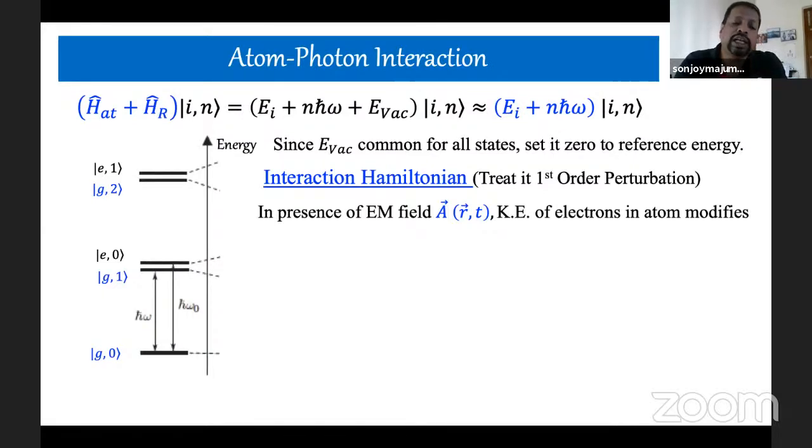In terms of wavelength, the atom will see it as reddened, meaning broadened. So this is called red detuned light, where the frequency of the light is less than the resonance frequency.